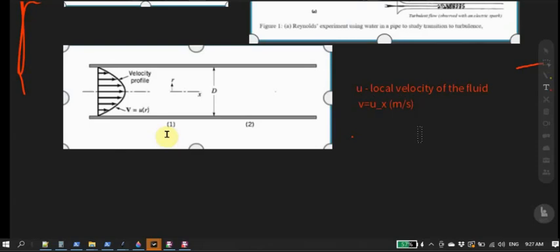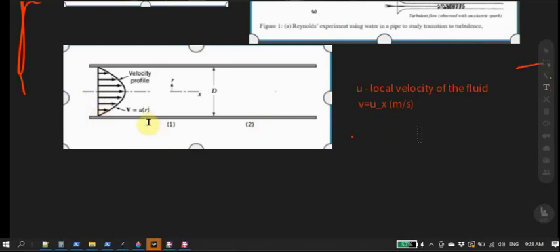In the earlier videos, one of the properties that you have to know: V will be the local velocity of the fluid at any particular radial location, right?